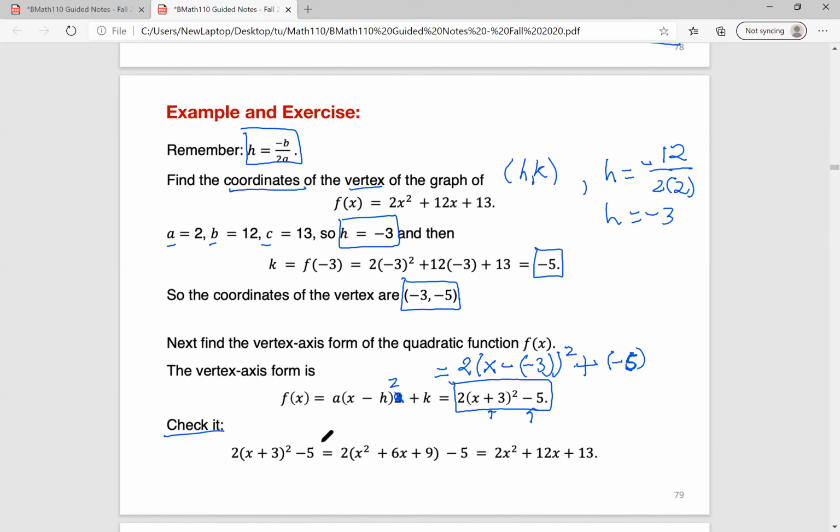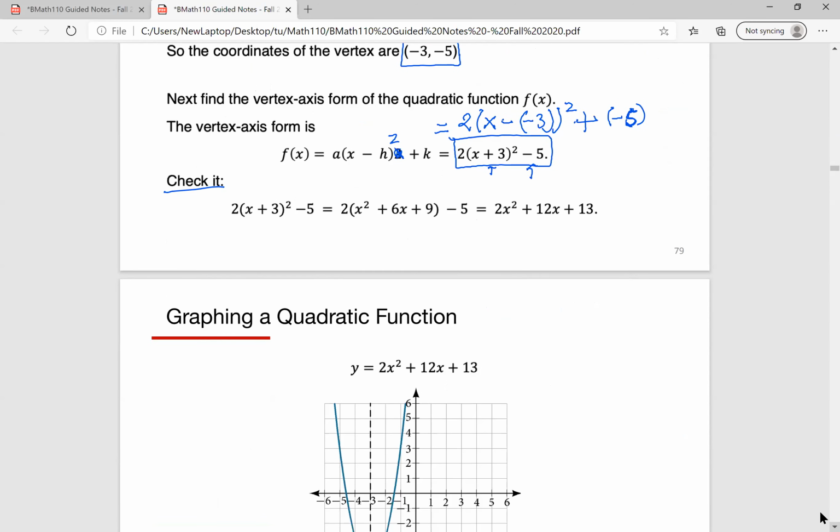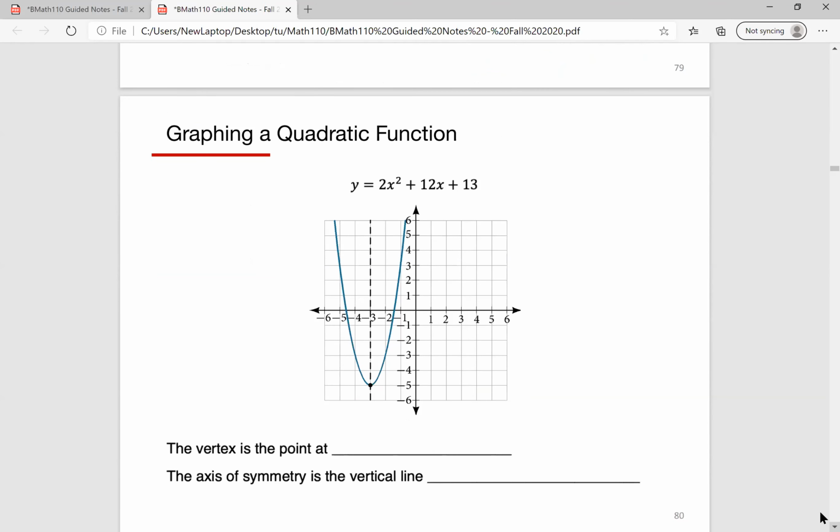All right, so let me move down to the next page. Okay, so how to graph the quadratic function? We keep the function above as y equals 2x squared plus 12x plus 13. And how can we graph this quickly?